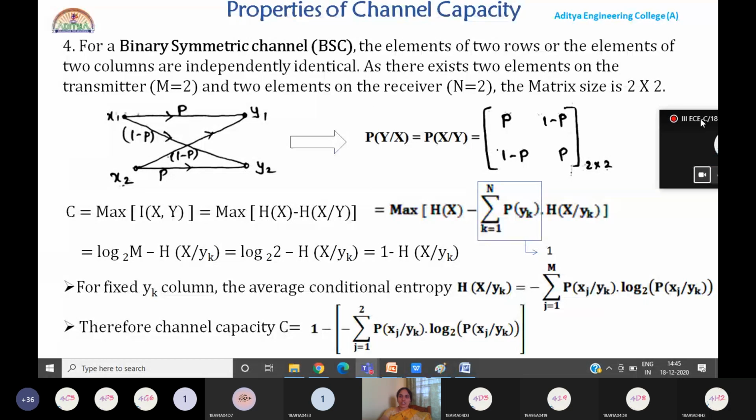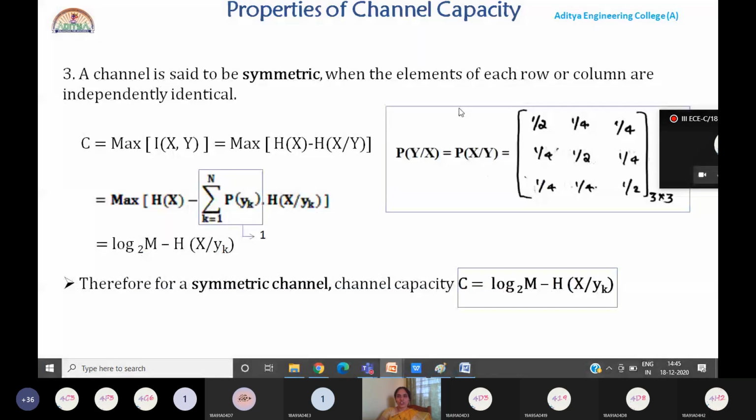In the third property, we discussed the symmetric channel, where the elements of each row or column are independently identical. Now for a binary symmetric channel, if you observe the symmetric channel, the matrix size is 3 by 3.